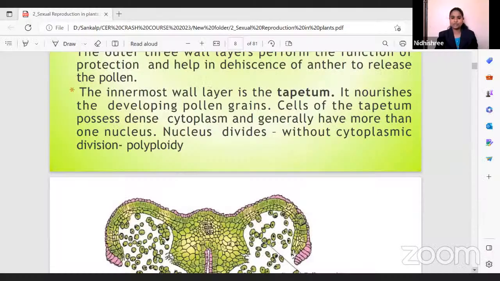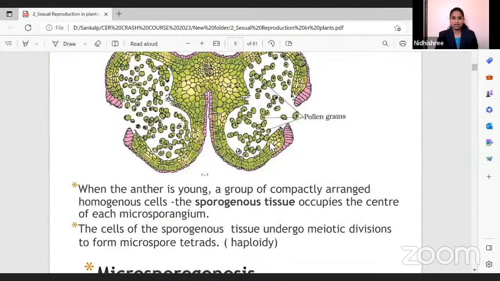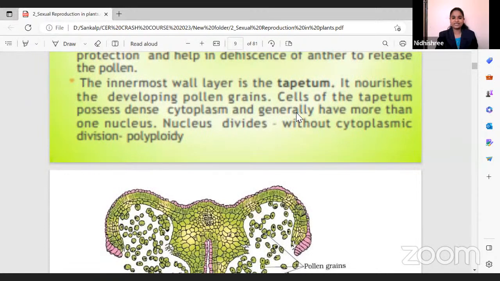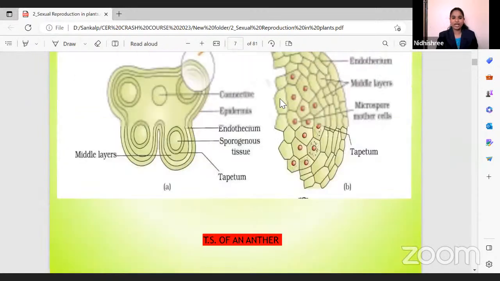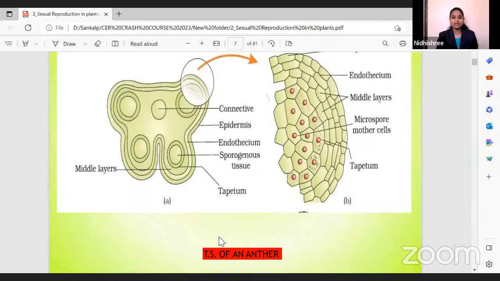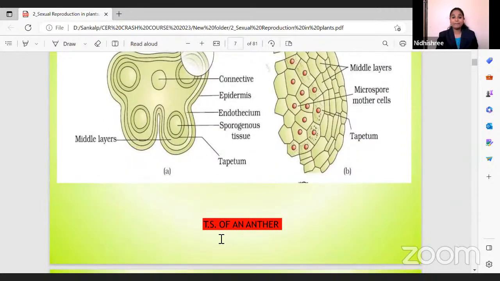The internal structure of the anther: you will get the pollen grains, which are also called microspores. These single sac-like or bag-like structures are called microsporangium. Tapetum is very important.